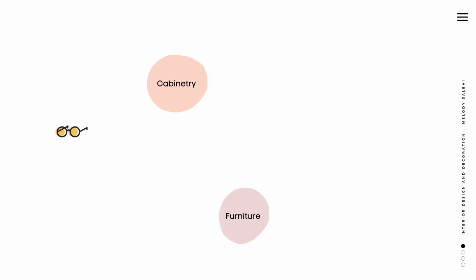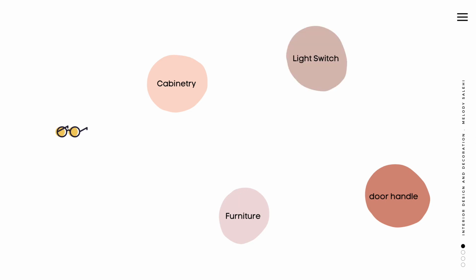But how is ergonomics applied in our everyday interiors? We can mainly see ergonomics in furniture and cabinetry throughout the house. However, the placement of a door handle, light switch, the type of faucet, or the design of a kitchen or other work or rest area all follow anthropometric and ergonomic principles.